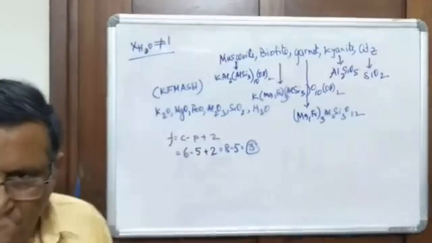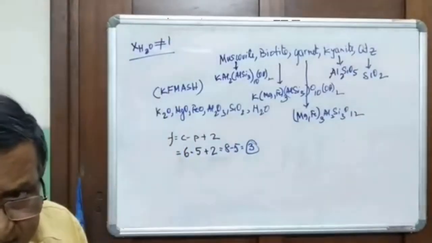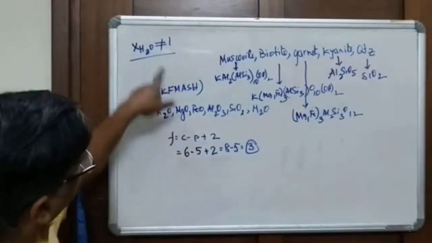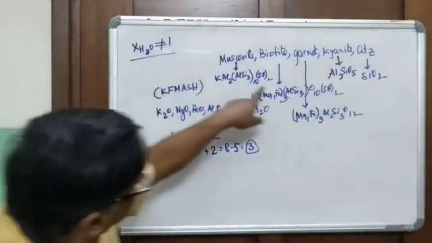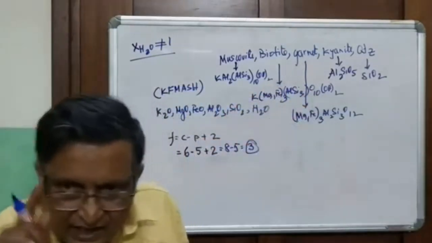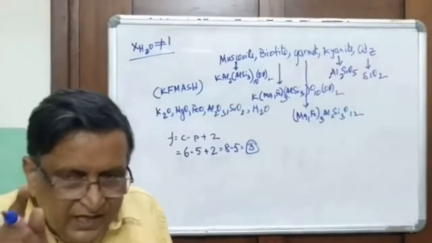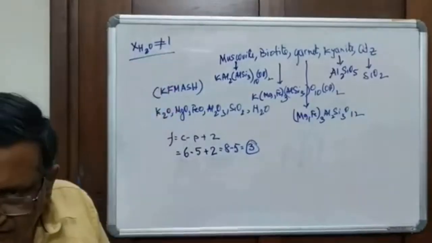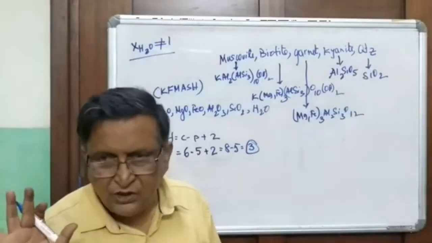H2O is a phase component which is variable. That is a very crucial thing. In the phases, I did not take fluid. But I know, because of muscovite and biotite, H2O is there. But I have not taken fluid as a phase. So XH2O, this phase component, is variable. It's not 1.